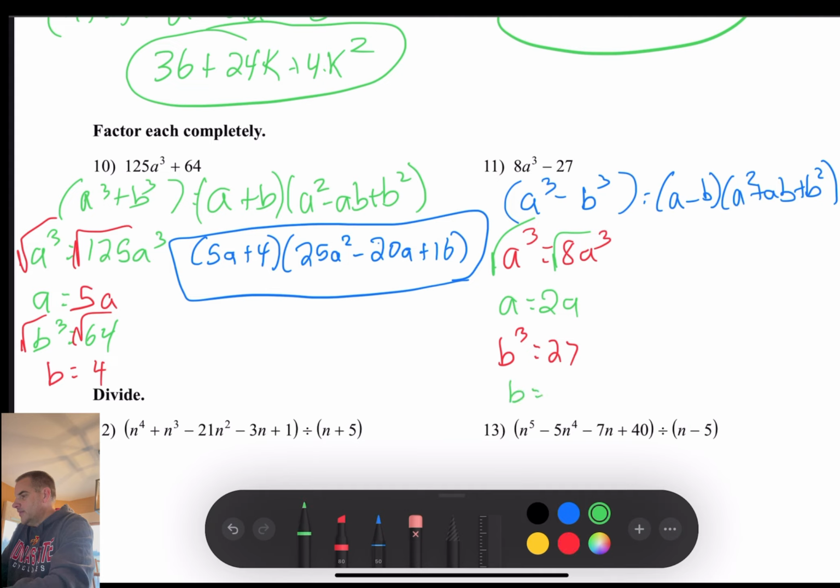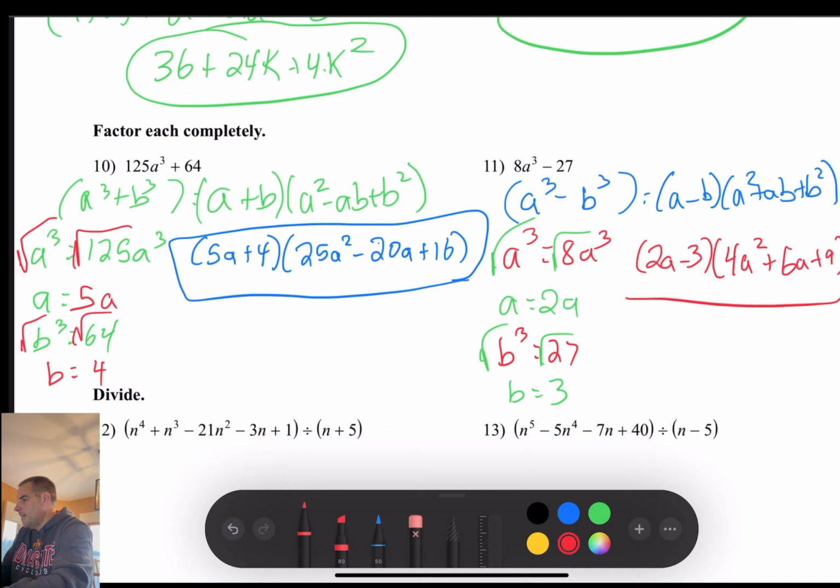Cubed root of 27 is 3. Now I'm good to write it out. So my a value is 2a. So 2a minus my b value 3. A squared is 4a squared plus a times b, 6a plus b squared. And there's the factored form for number 11.